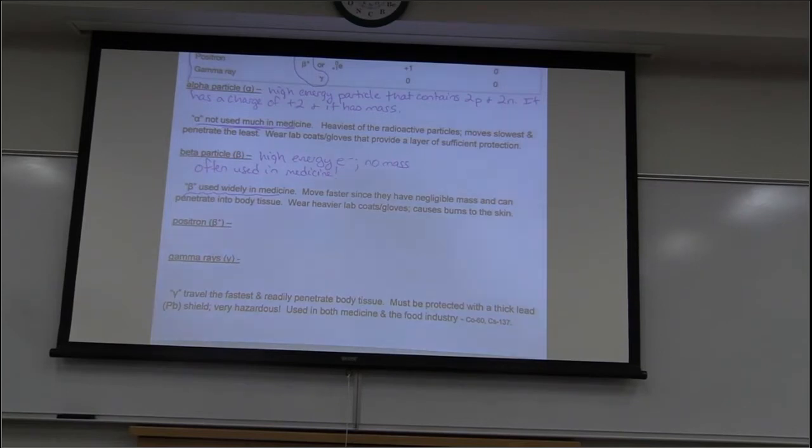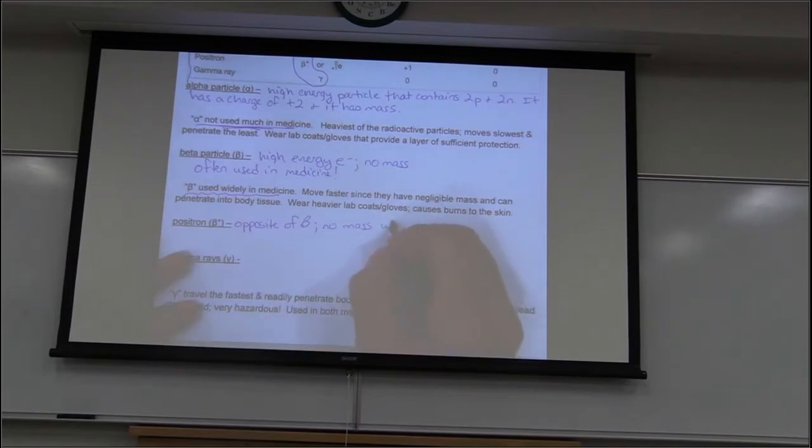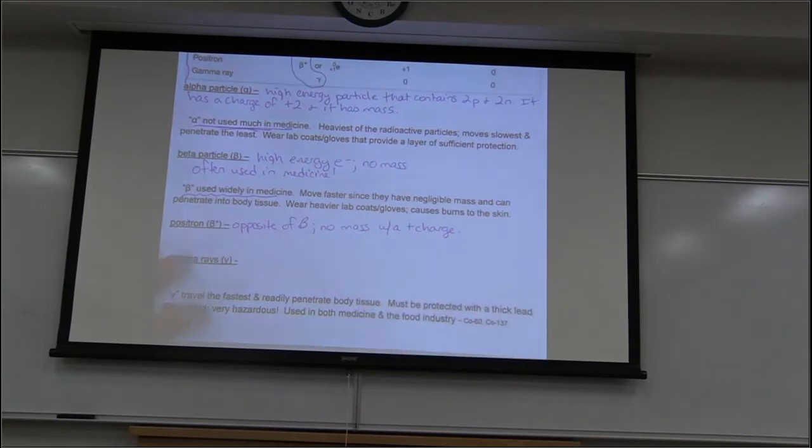The positron is the opposite of beta. It has no mass, but it does have a positive charge.